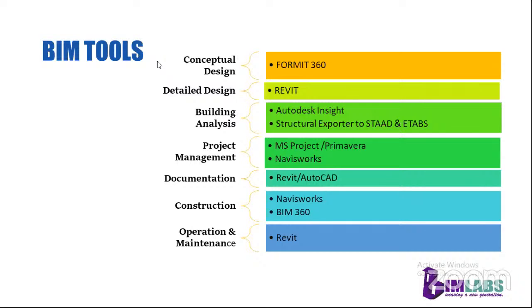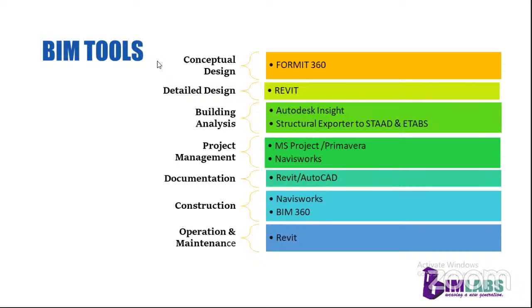And the next is building analysis. For building analysis, we can go for Autodesk Insight, then structural exporters to STAAD and ETABS. And for project management, we can go for Microsoft Project, Primavera, or Navisworks also. When coming to the documentation part, for creating shop drawings, as-built drawings, and detailed drawings, we can go for Revit software.